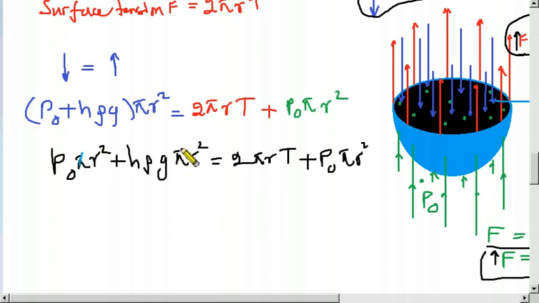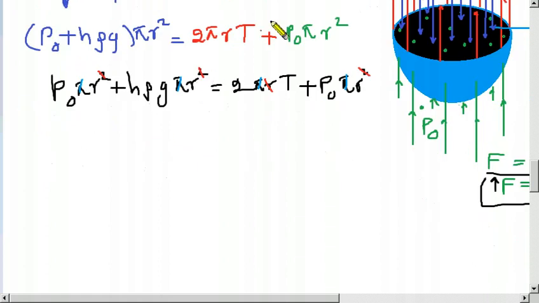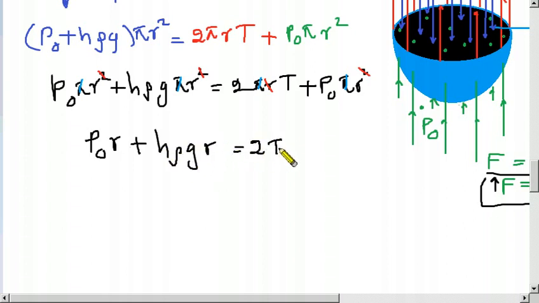So π we can cancel at first, then one r we can cancel from each term. Then remaining: P naught r plus hρg r equals 2T plus P naught r. So P naught r we can cancel.